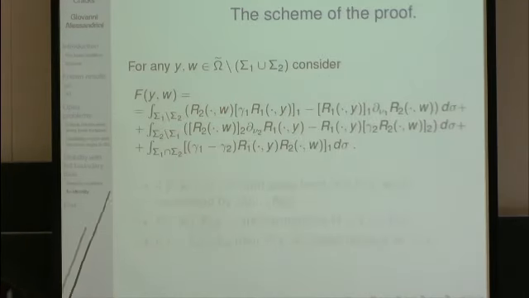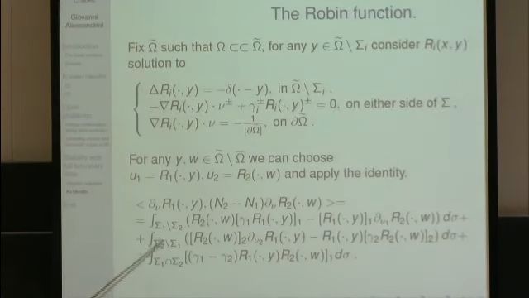But let me come back a little bit. Now, let me look at the right-hand side that I have here. Here I have a function of two variables, y and w. If I take y and w away from the cracks, this is a harmonic function, separately in y and w.